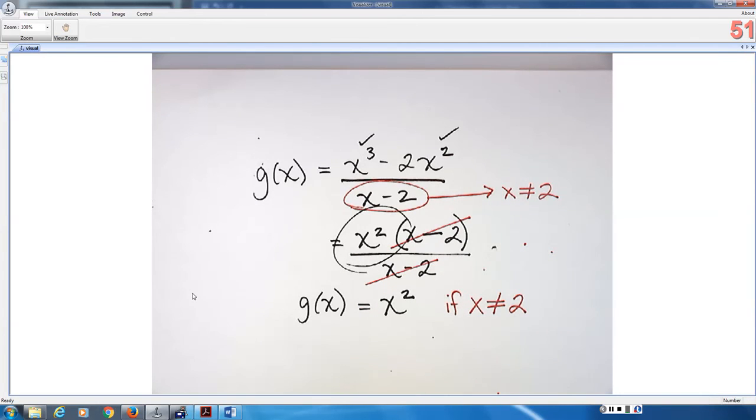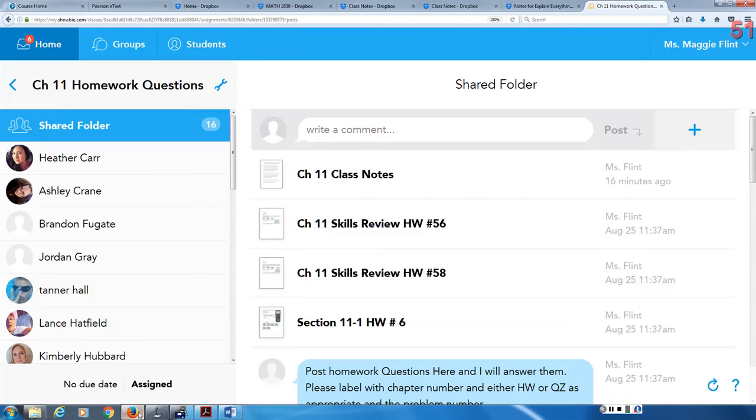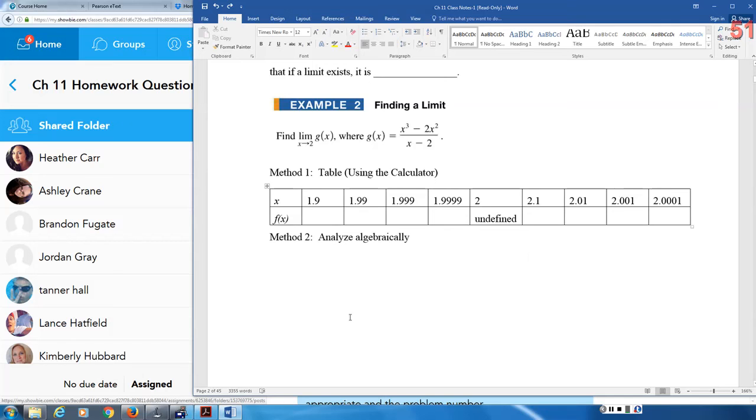So you have to add that restriction to your function. So that's why the numbers came out to be the same. We were really looking at an equivalent form of that equation. And that's where the analyze algebraically comes in.